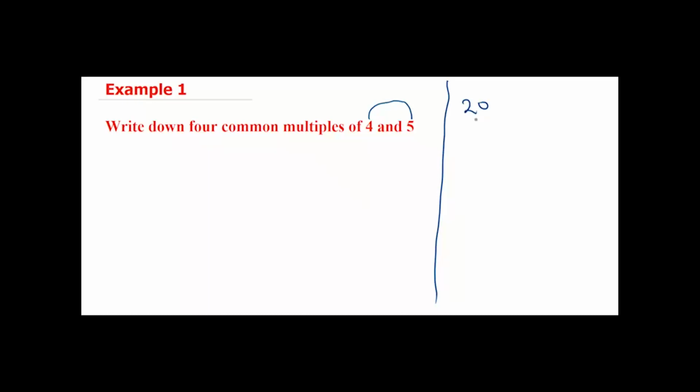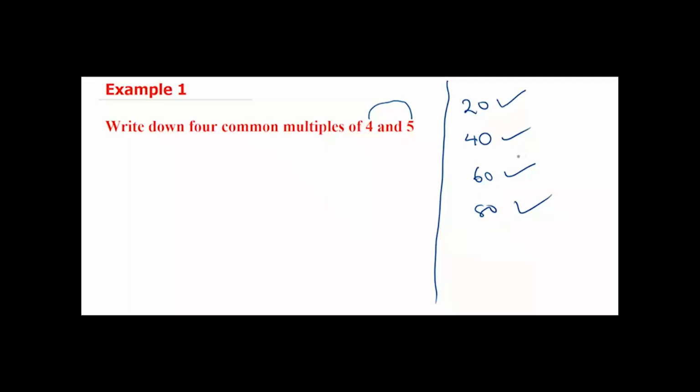So that means the first common multiple of 4 and 5 is 20. So you can now count in 20s to get the remaining 3. So it will be 40, it will be 60, it will be 80. These are 4 common multiples of 4 and 5.